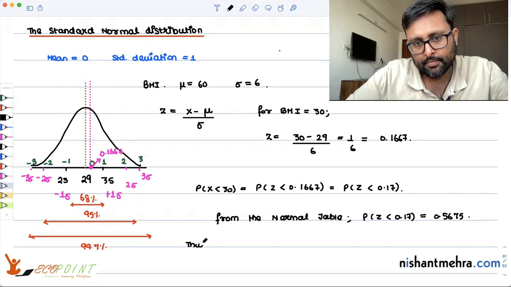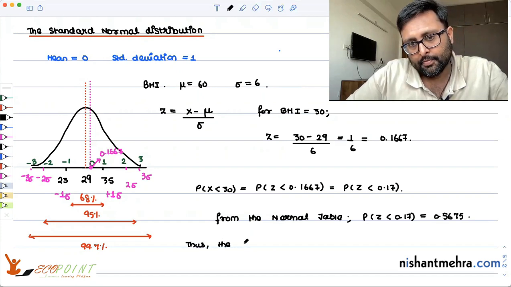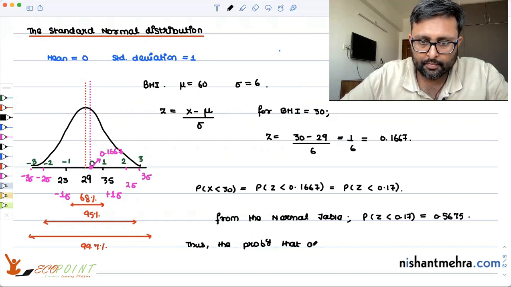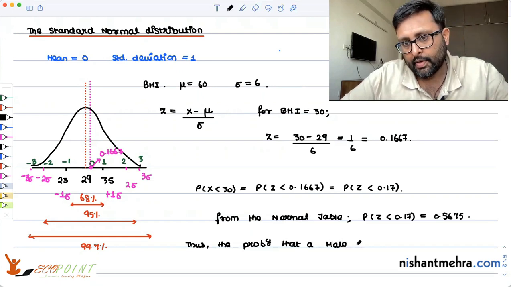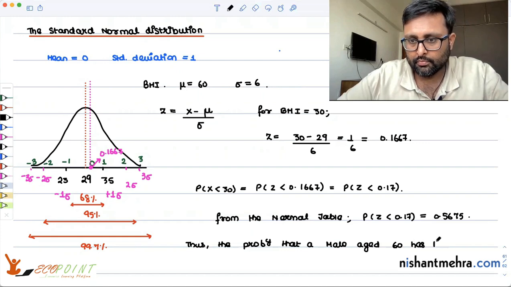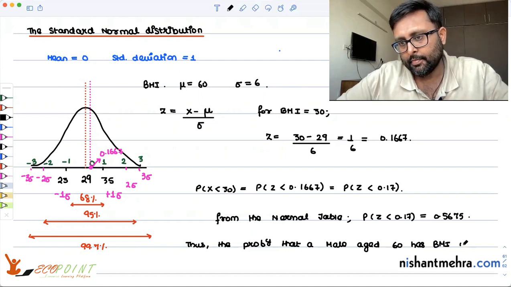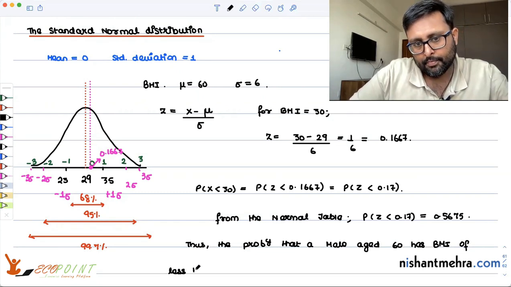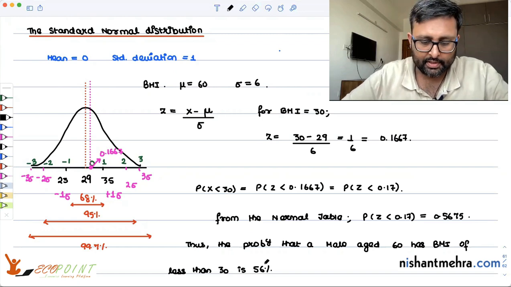So thus, the probability that a male aged 60 has a BMI of less than 30 is approximately 56%.